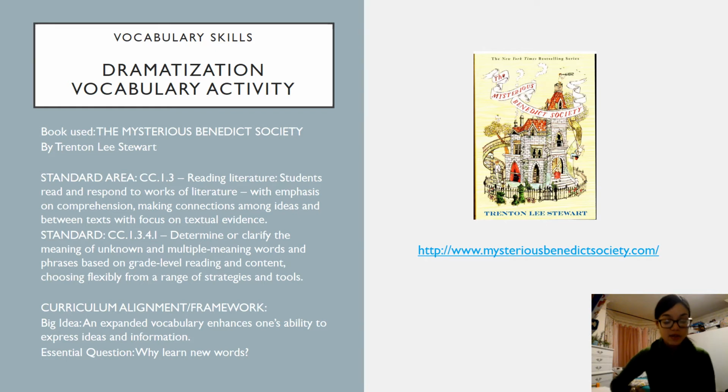The list of materials and equipment that will be needed are the book, The Mysterious Benedict Society by Trenton and Stewart, a pre-made list by the teacher of other words that are not the key words that you're going to use during your lesson, but will be used during the week, the definitions, and worksheets.